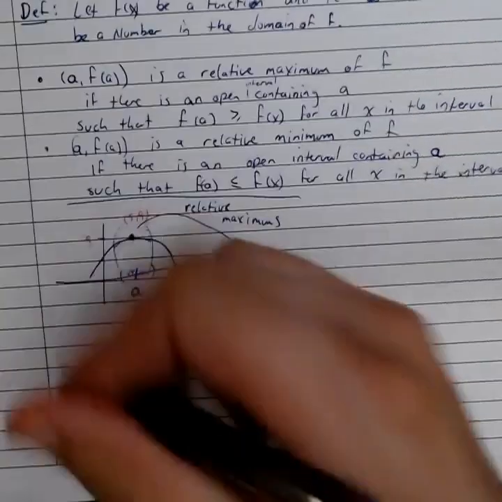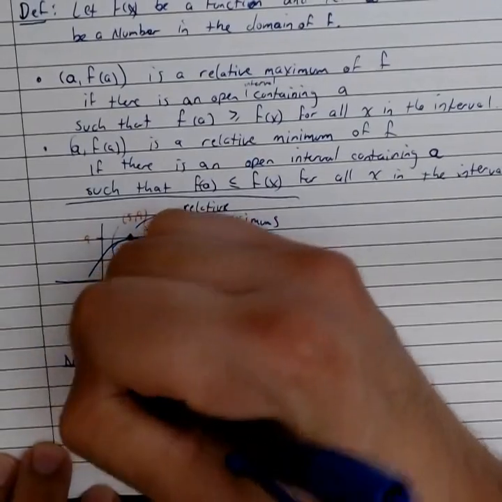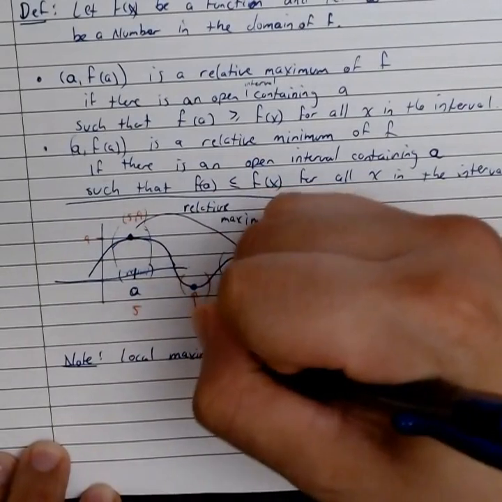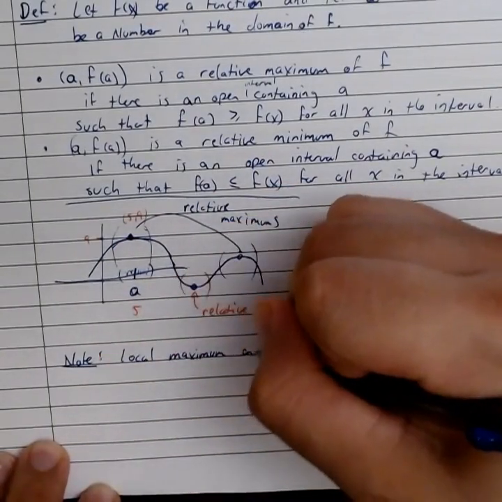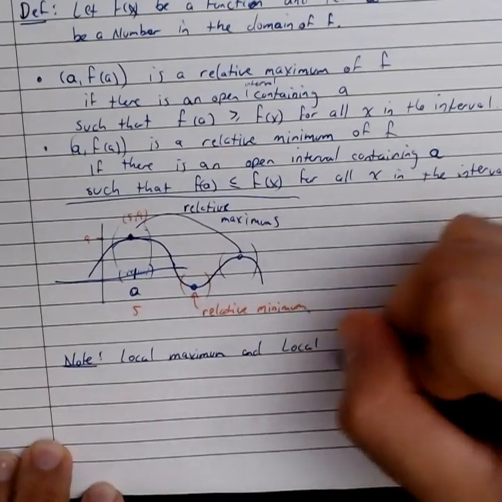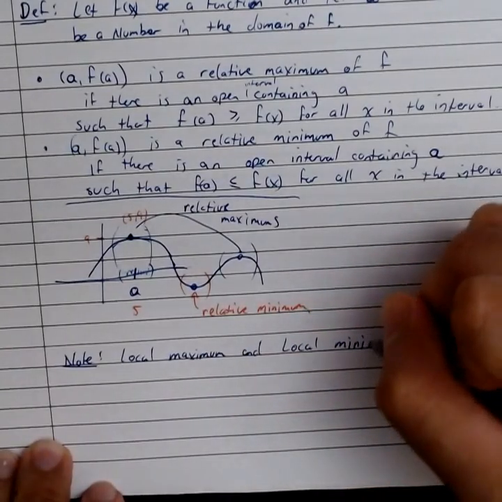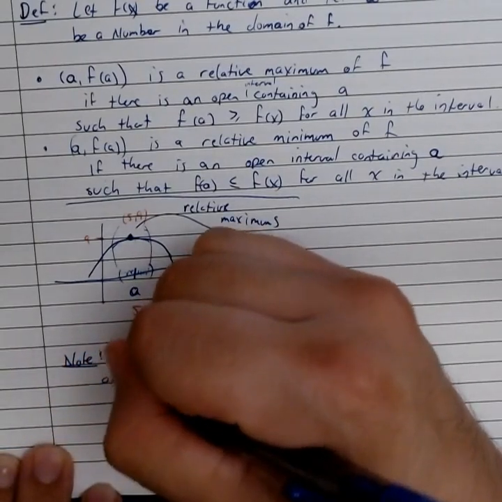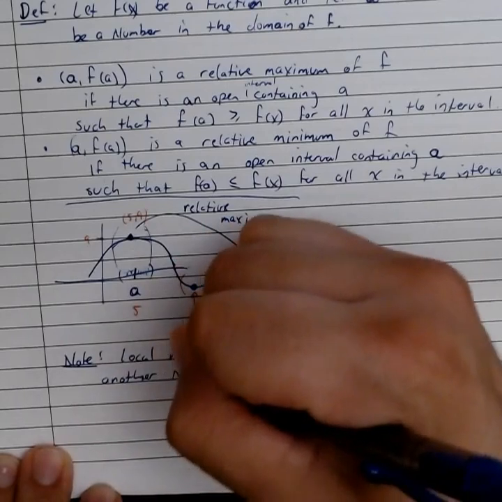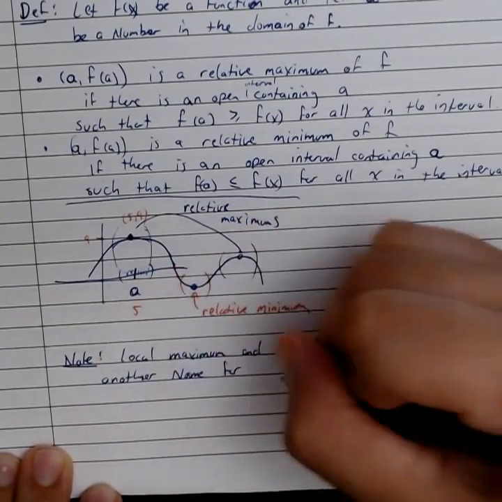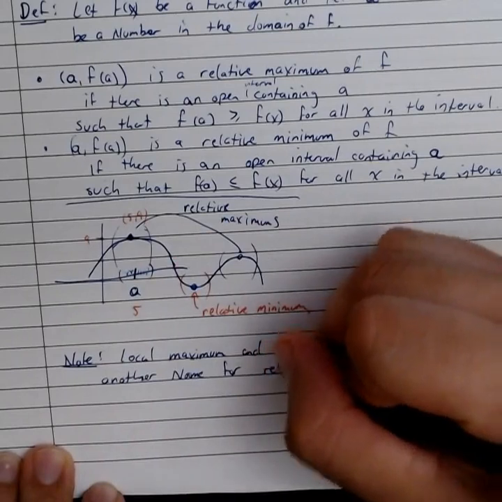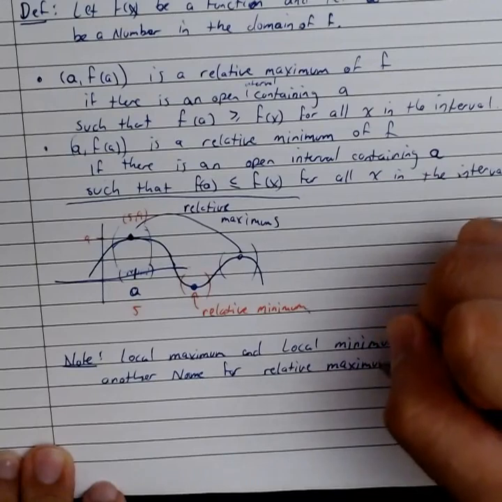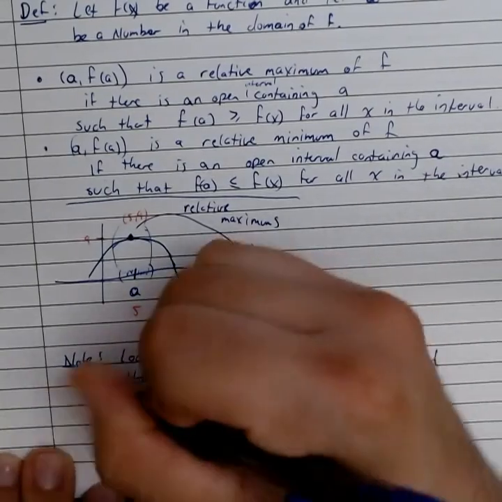Let me make a note of that down here. Note, local maximum and local minimum is another name for relative maximum and relative minimum.